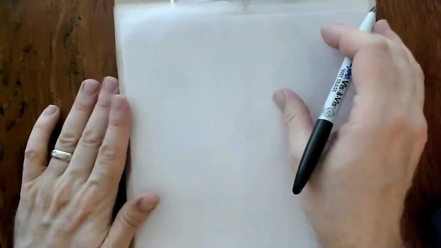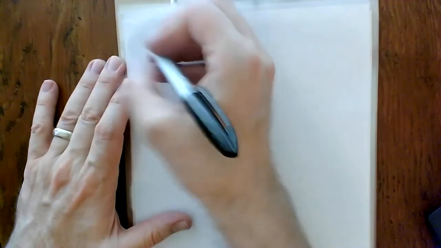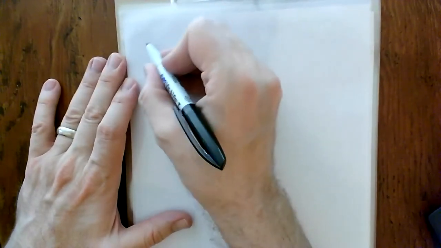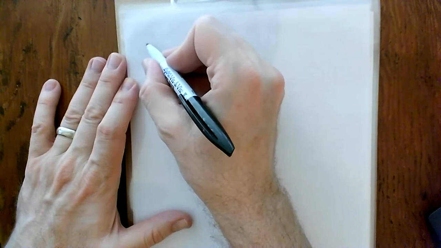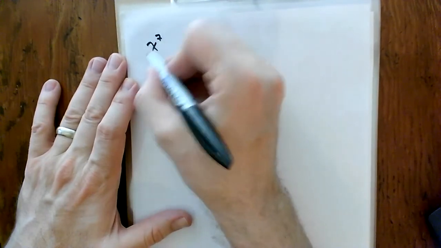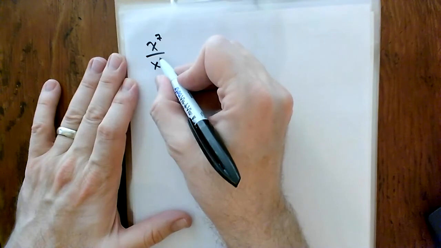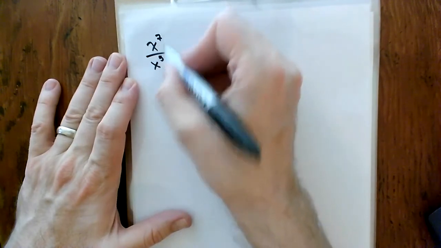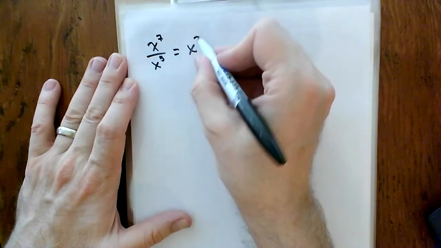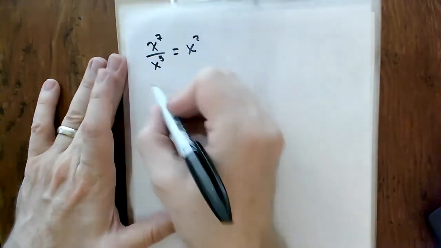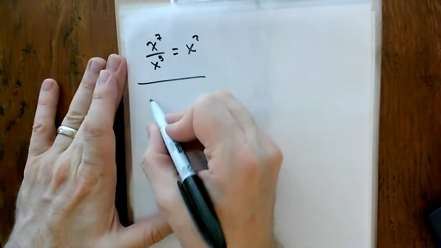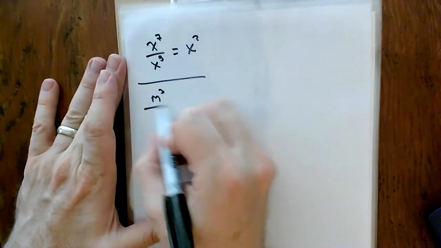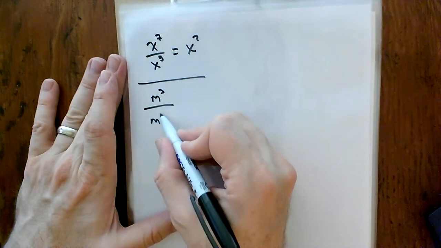And let's do a couple examples of this, and I'm going to use that to lead us into some new rules. Let's say I'll start with x to the 7th divided by x to the 5th. Okay, 7 minus 5, that's just going to be x to the 2nd power. All right, let's do it again. Let's say I've got m cubed over m to the 12th.